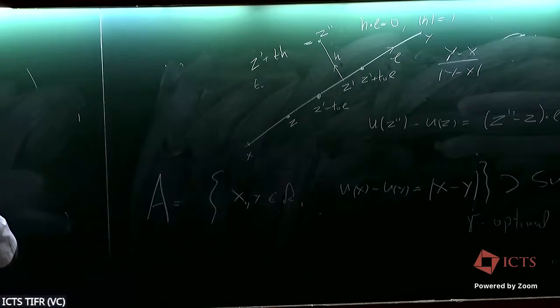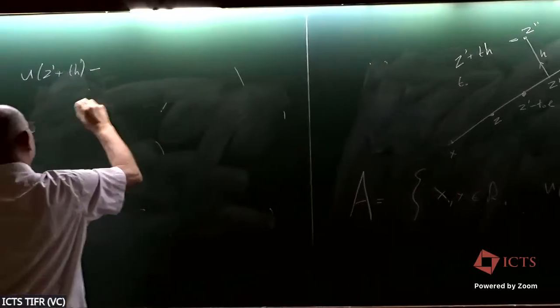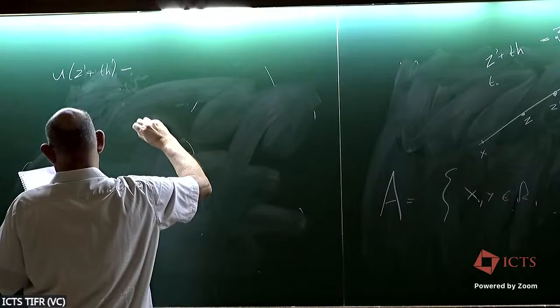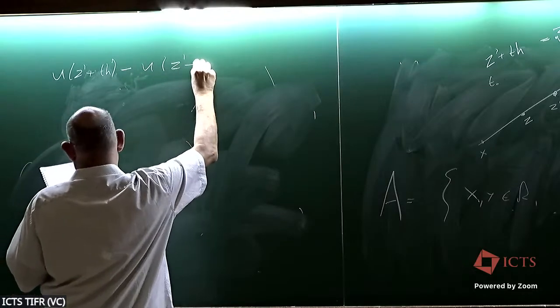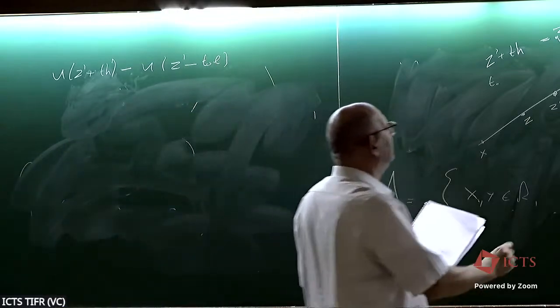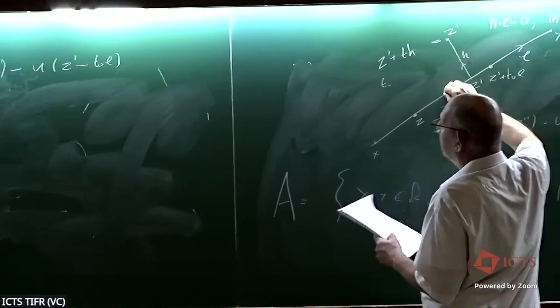Okay. And then we make the following estimate. We calculate u at Z double prime, which is Z prime plus TH, minus u at Z prime minus T0E. So we calculate the value of u here minus the value of u here.